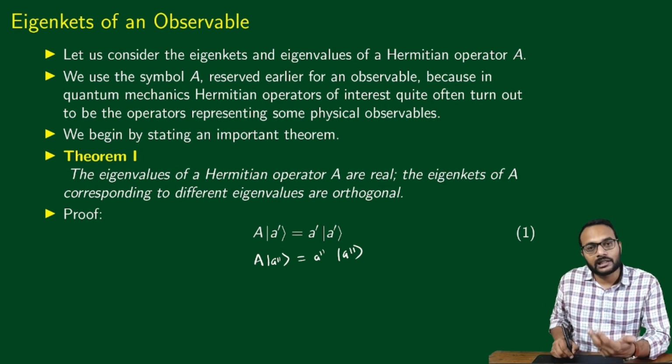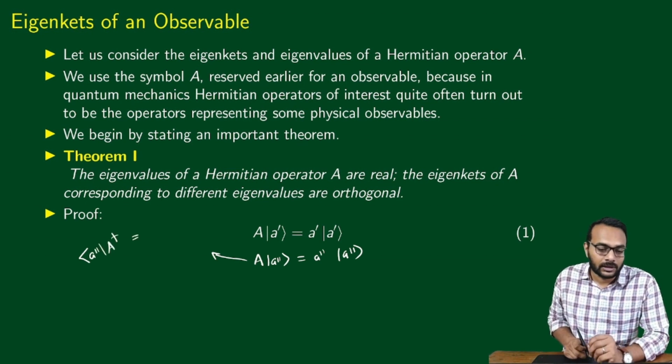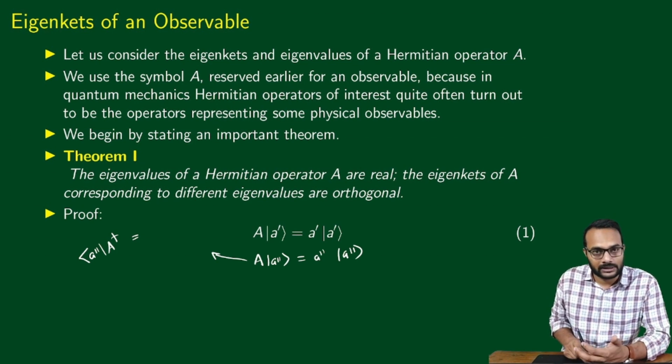We can also have corresponding eigenbras. Let's take the dual correspondence. The dual correspondence of the left-hand side is bra a double prime A dagger. This was the definition of the dagger operation, or Hermitian conjugate.